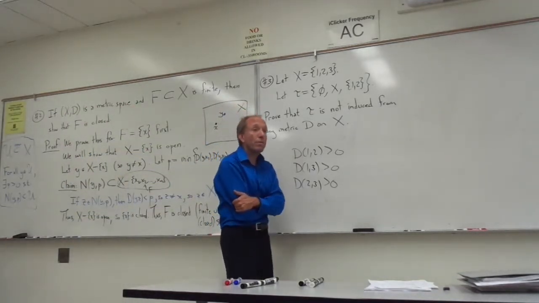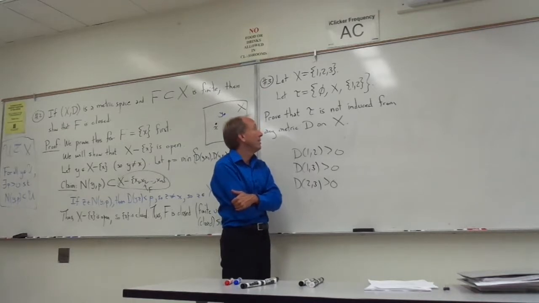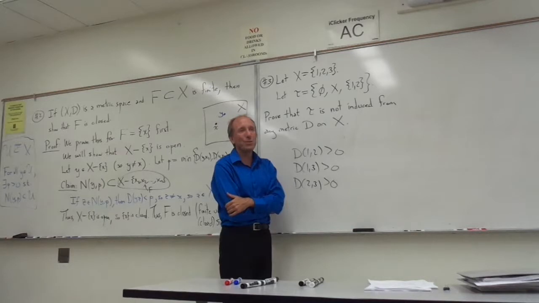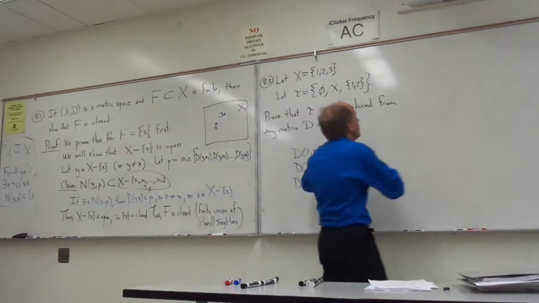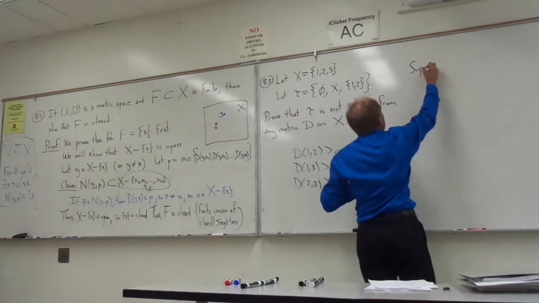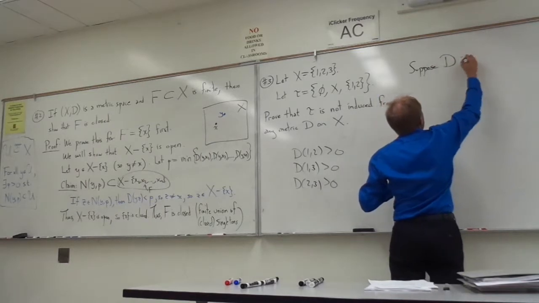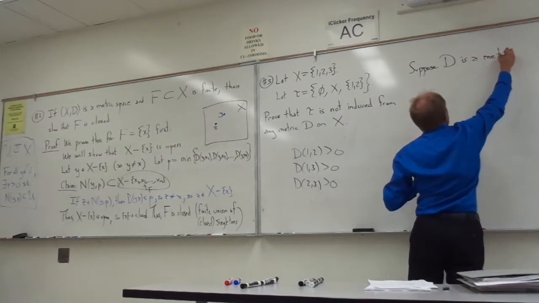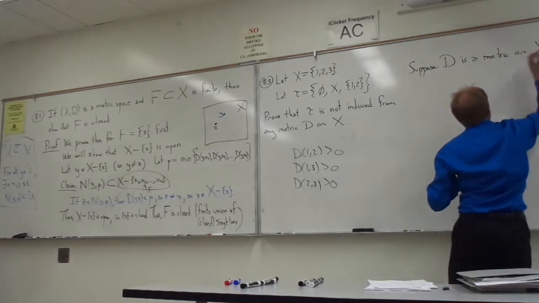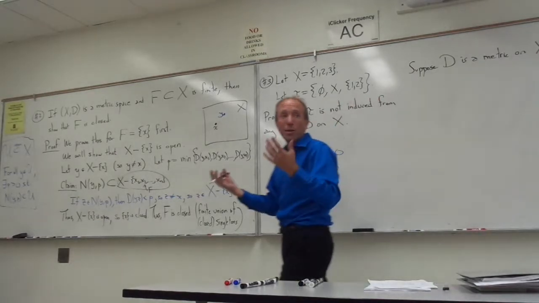Let's suppose by way of contradiction that we do have a metric on X, right? Suppose D is a metric on X. You've got a metric there.